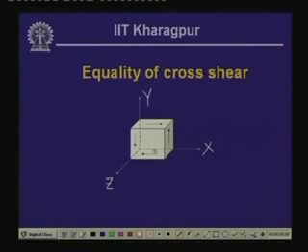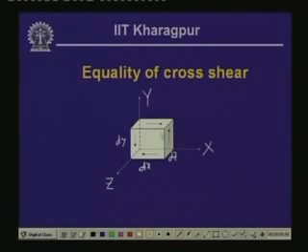Let us assume that the distance at a particular point in the body is dx, the vertical height being dy and along z direction the width being dz. If we take the moment of all the forces about z axis, in this particular figure only the forces which have relevance while taking moment about z axis have been taken into account.